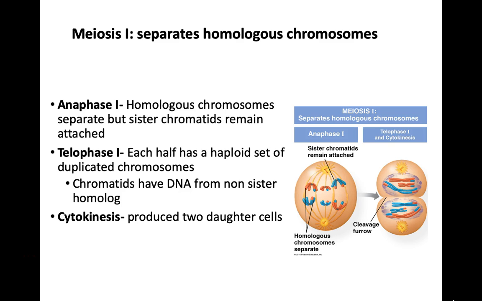And then at telophase and cytokinesis, that's where we actually divide our cells, and now our cells are haploid. We've gone from 6 total chromosomes in anaphase to 3 in each cell. So we have cut our number of chromosomes in half.